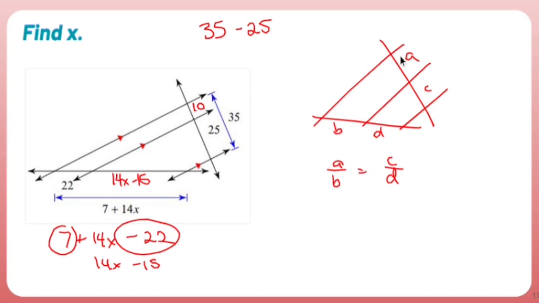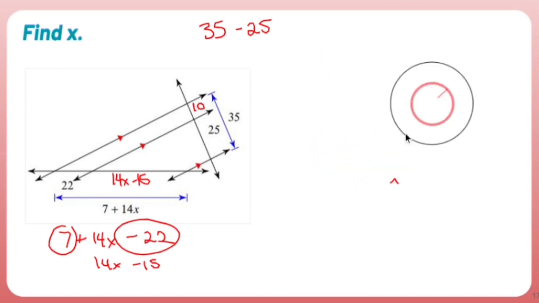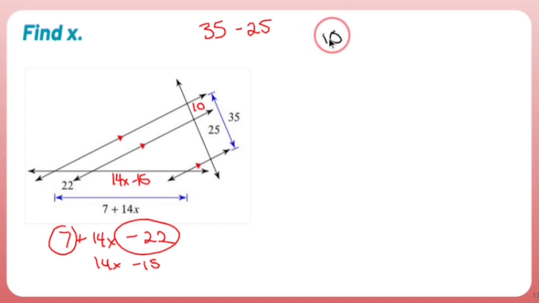So let me erase this chunk right here and do just that. 10 over 22 equals 25 over 14x minus 15.